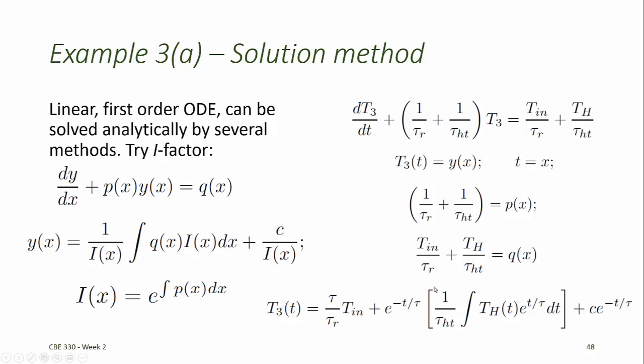This is simple since px is a constant. If we define the sum of the reciprocal of these time constants as the reciprocal of tau, then the I factor is e to the t over tau. Substituting these variables back into temperature and time for y and x respectively, we can now write the solution to the equation. Note that we have an arbitrary constant of integration because we've integrated with respect to time. That will be found using our initial condition.